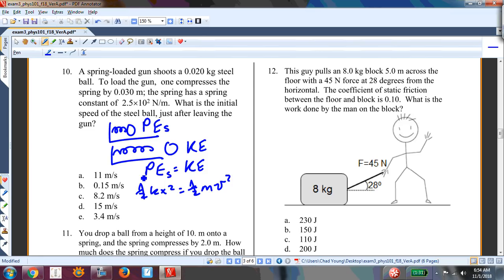Notice my halves can go away. And I'm looking for the speed. That's going to be the square root of kx squared over m. Square root of 250, x is 0.03, divided by the mass, which is 0.02.